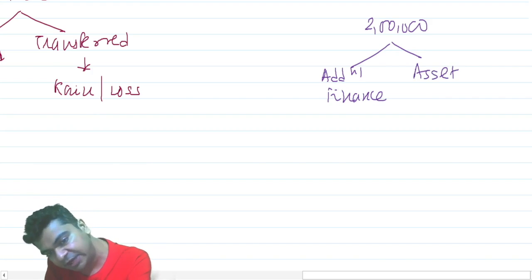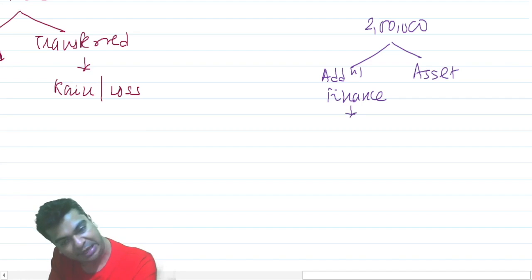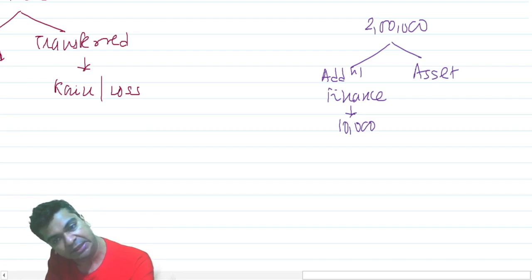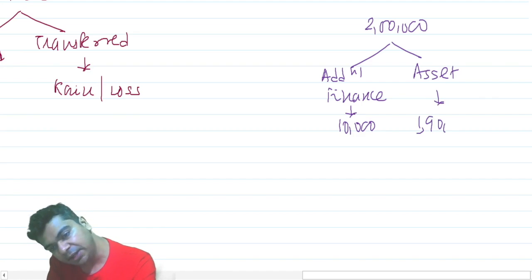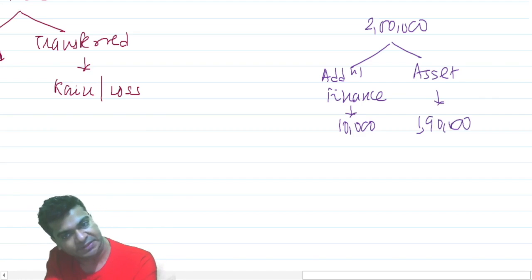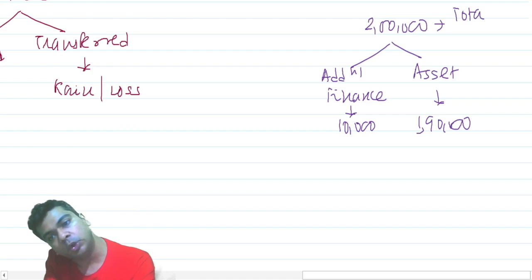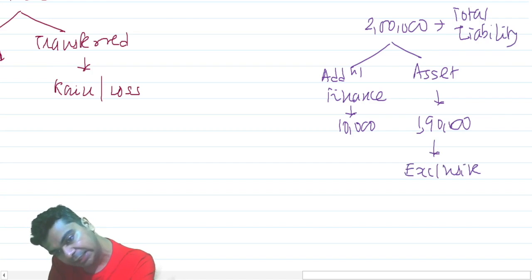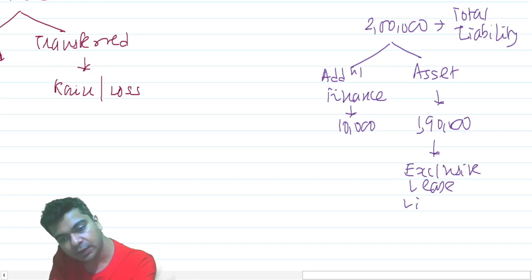Okay, let's say we come to the conclusion, I'm just giving an example, that additional finance is 10,000 and 1,90,000 is for the asset. See, this will give you total liability. Understand? This will give you total liability, while this will give you exclusive lease liability.